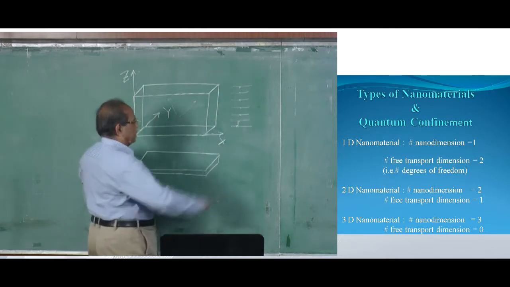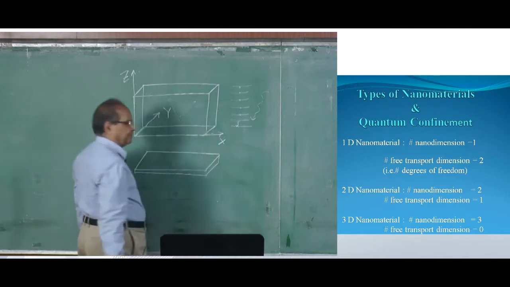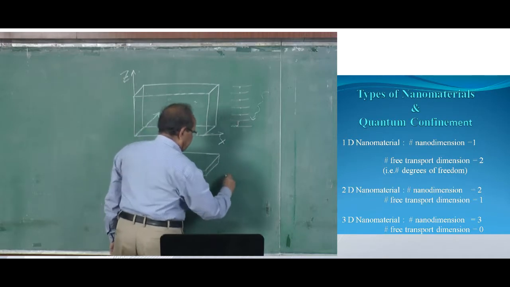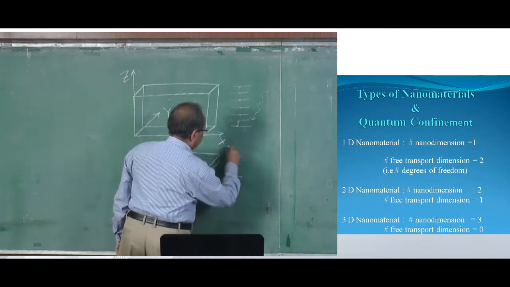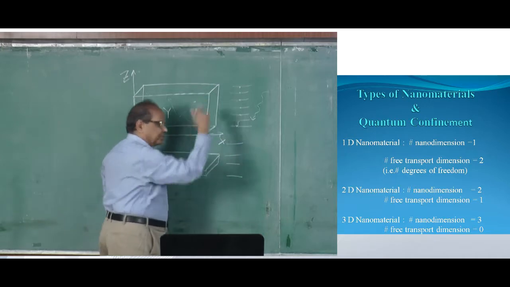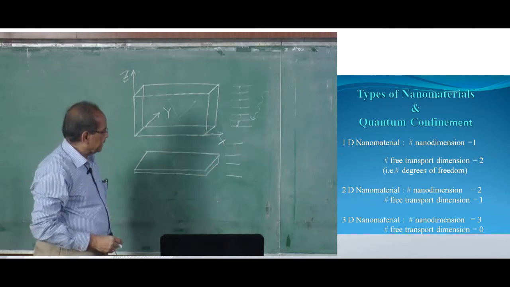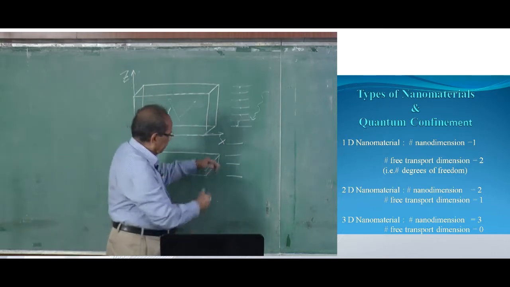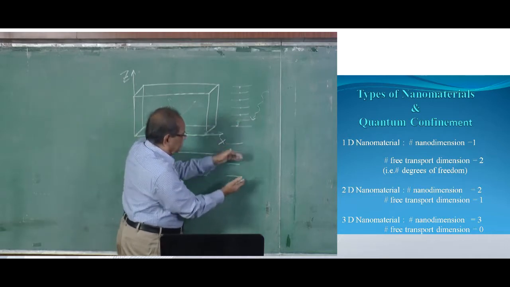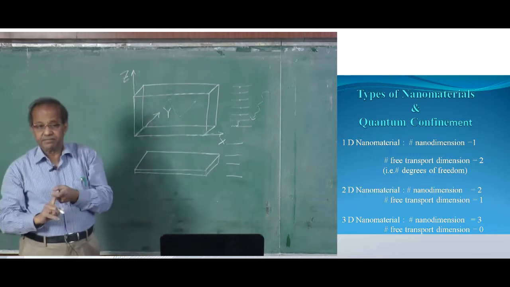Obviously, if some disturbance is coming in the bulk material, and the same disturbance is coming here, because energy levels are changing, and electrons are distributed in a different fashion, which I shall discuss elaborately, naturally, this will react with the environment, with the disturbances, in a different way. So that is the basic thing.